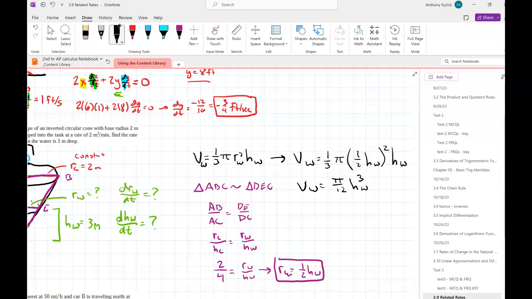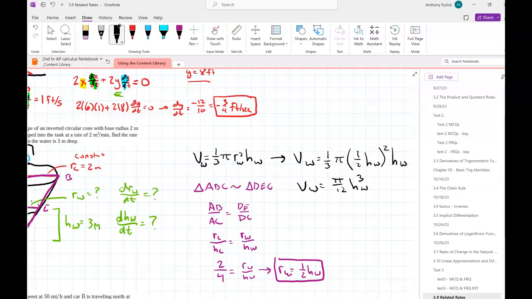So what do you write in the box? RW equals 1/2 HW. Why did you plug in? Because that's specific to a time. That's at one specific time, the time we care about, but we can't plug that in until we've done the derivative.